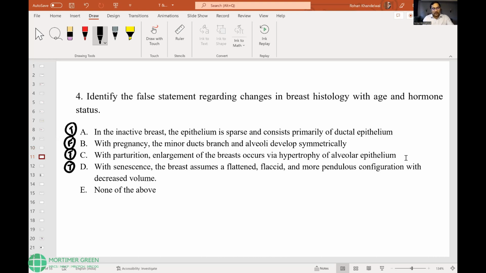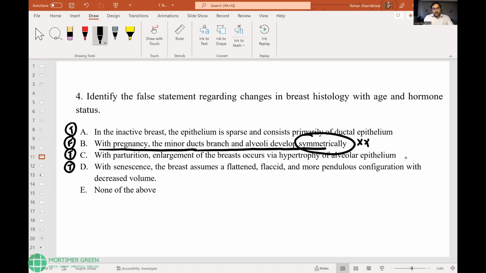This is true. With pregnancy, minor ducts branch and alveoli develop symmetrically. So this is wrong. It's not symmetrical development, it is asymmetric development, which is why sometimes we will get ladies who say that one breast is bigger than the other one, right? And there can be a difference of at least 15% to 20% as well. So it's not symmetrical enlargement, it is asymmetric enlargement.